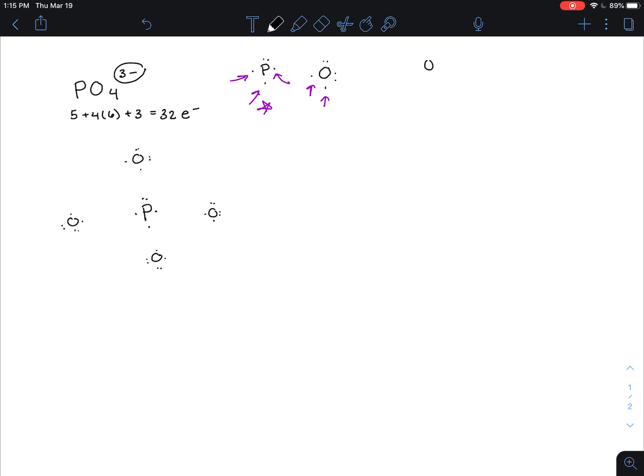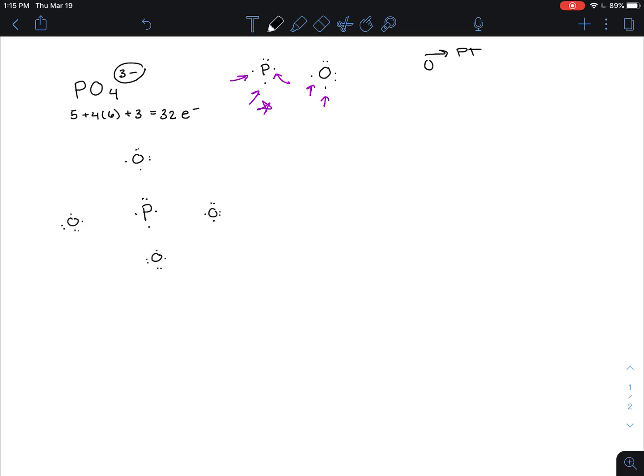Between phosphorus and oxygen, which one is the most electronegative element? Well, oxygen is further to the right on the periodic table. It is more electronegative than phosphorus. Therefore, what does that mean? Oxygen wants to have more electrons than phosphorus. So when there's gaining of electrons, oxygen will gain the electrons over phosphorus.